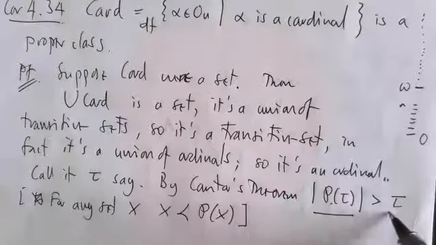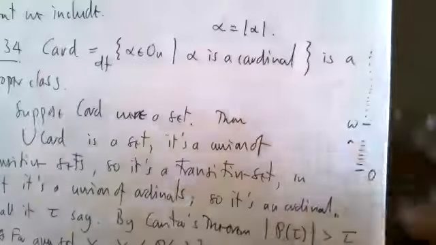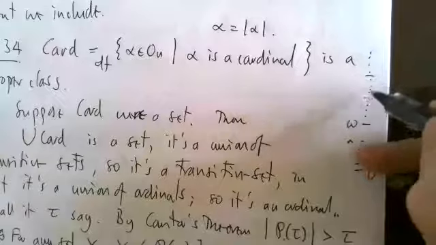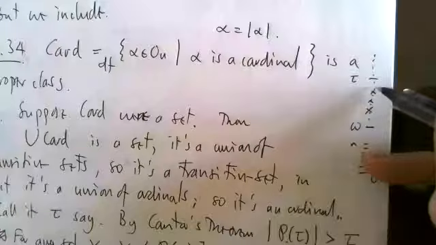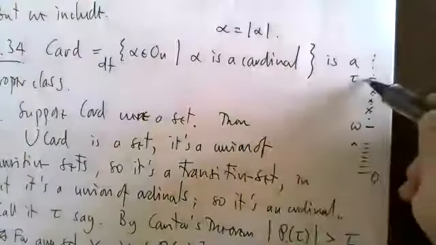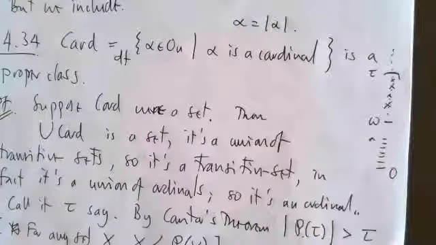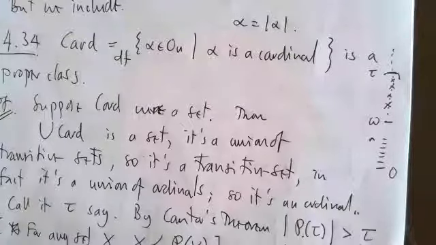This cardinality is something bigger than tau. If tau were here, this would mean all the cardinals were below tau. But here is a cardinal number that's bigger than tau. So this is a contradiction.